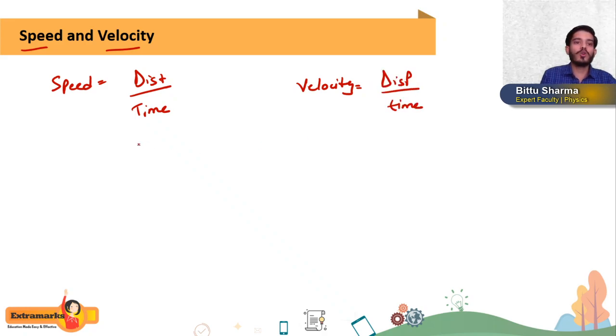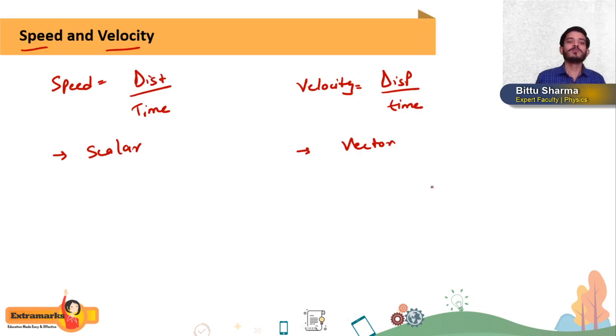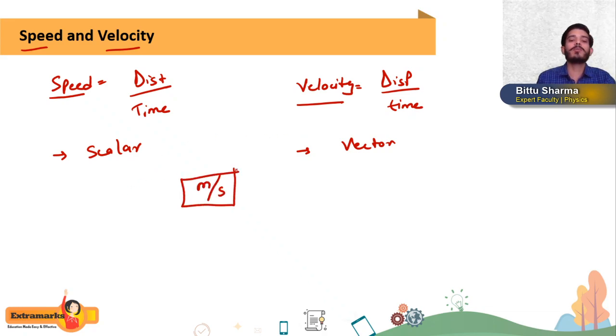So speed is a scalar quantity and velocity is a vector quantity. The distance covered in 1 unit of time is called speed, or the displacement covered in 1 unit of time is called velocity. The unit will be the same, meter per second.